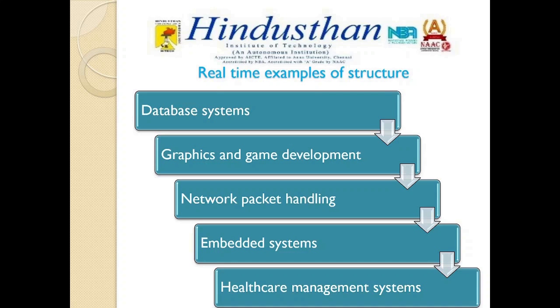Embedded systems. Peripherals in embedded systems like UART, ADC, or timers often require configuration data such as baud rate, data bits, stop bits. Healthcare management systems. In this system, a structure holds various pieces of information about patients, including their ID, name, age, gender, blood group, medical history, and current treatment.